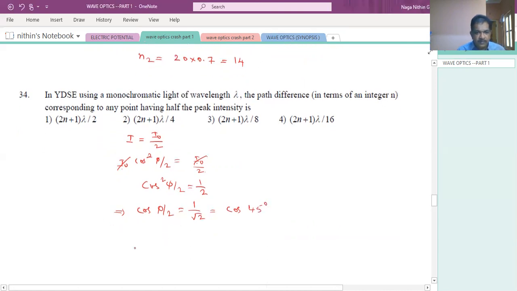Then phi by 2 is equal to pi by 4, so phi is equal to pi by 2.